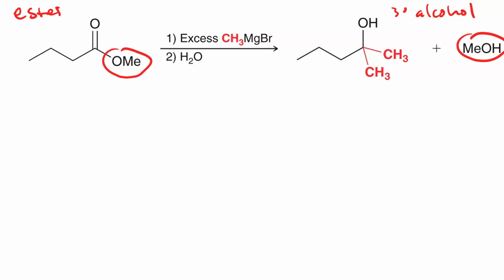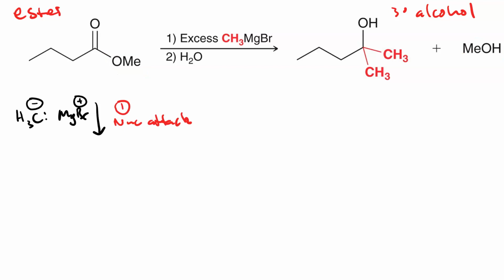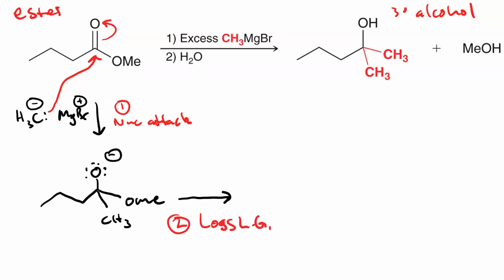Let's look at the mechanism. In our first step, which is nucleophilic attack, the carbanion of the Grignard attacks at the carbonyl carbon, which exceeds its octet, changing this pi bond into a lone pair. The second step here is loss of a leaving group, when the carbonyl pi bond reforms and a methoxide leaves.